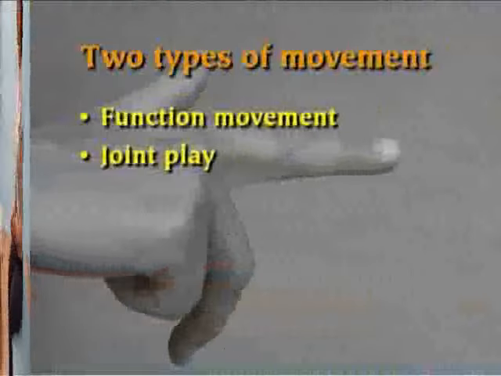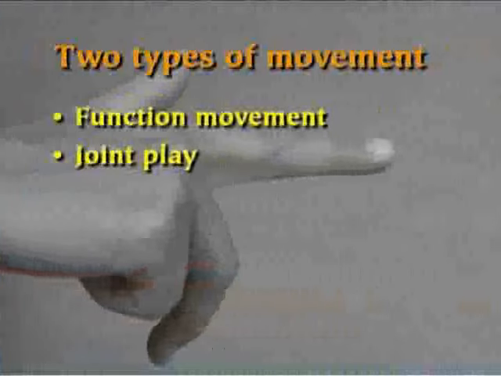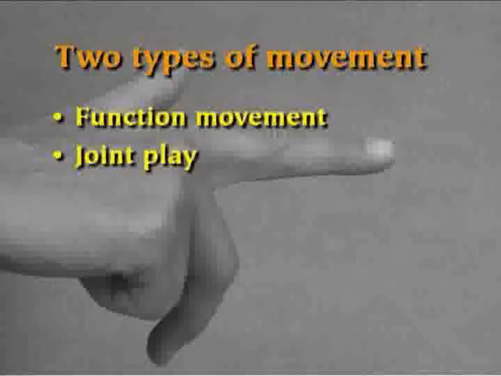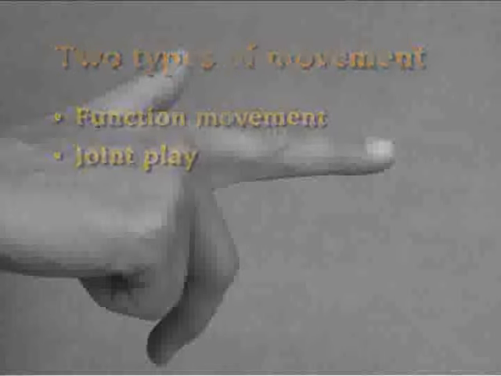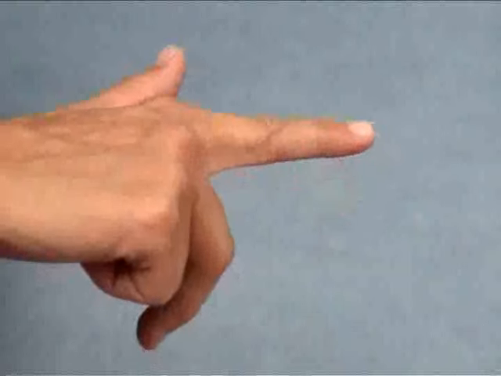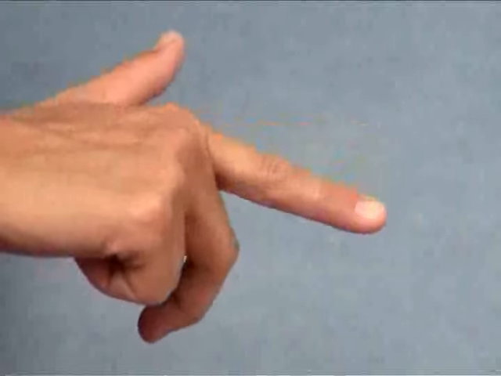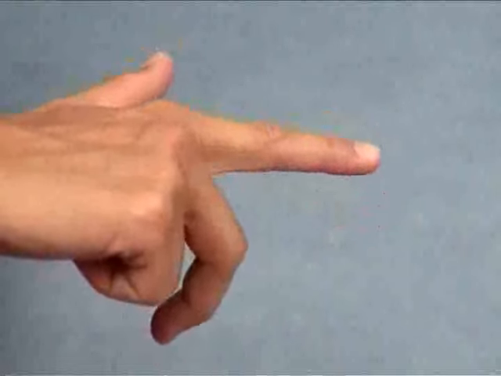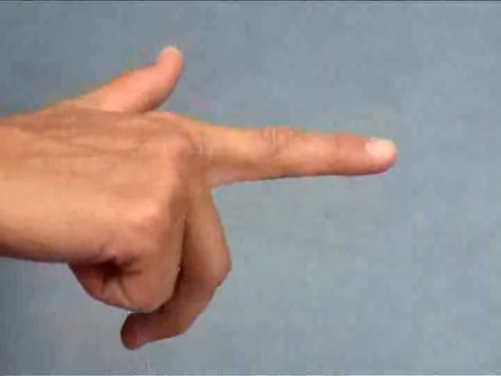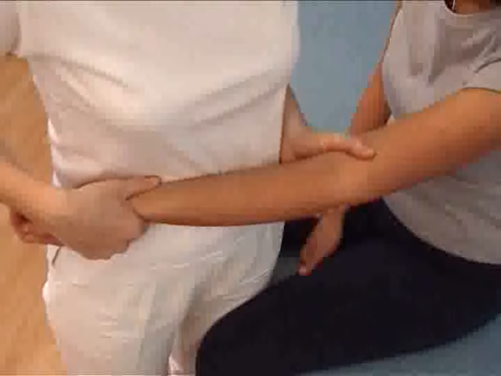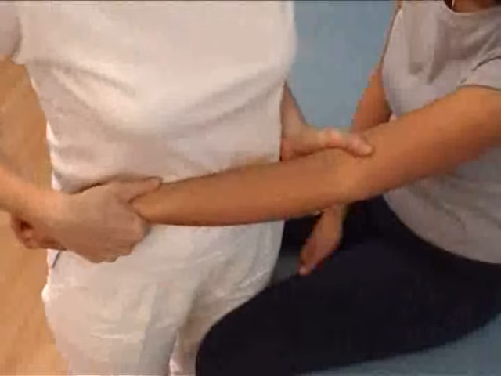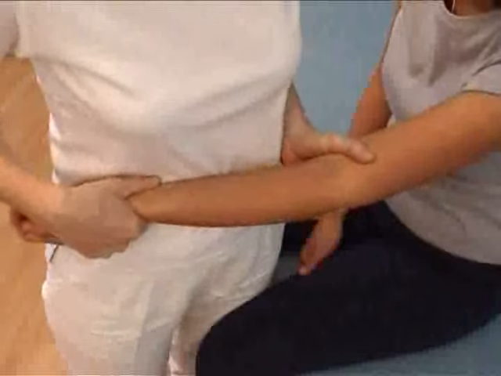It is important to distinguish two types of movement: function movement and joint play. Function movement is the term used for active movement, i.e., movement which can be performed by muscular activity, for example, finger flexion or extension. Joint play is movement which is possible only passively.